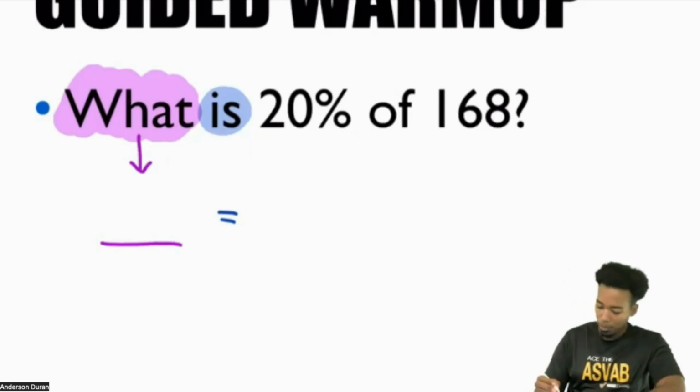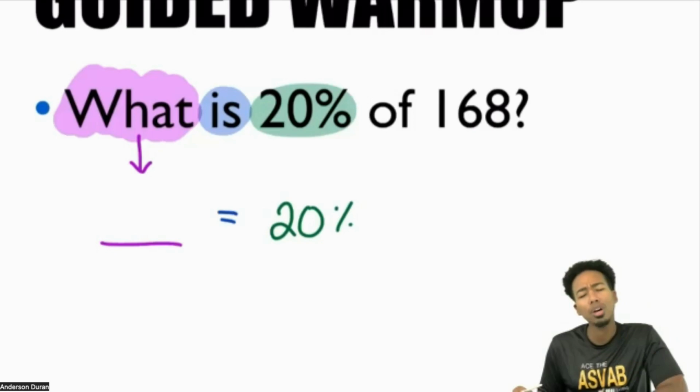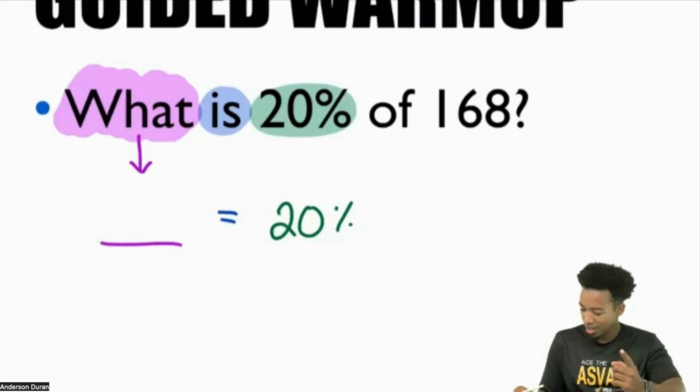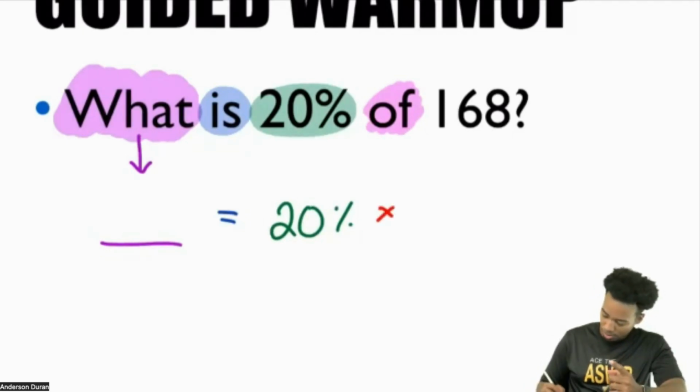Then we see 20% right over here. So there's my percent. Everybody, quick question. The word of means what? Multiply. That's right. The word of means multiply. So let's go ahead and highlight that right there. Times. Okay.